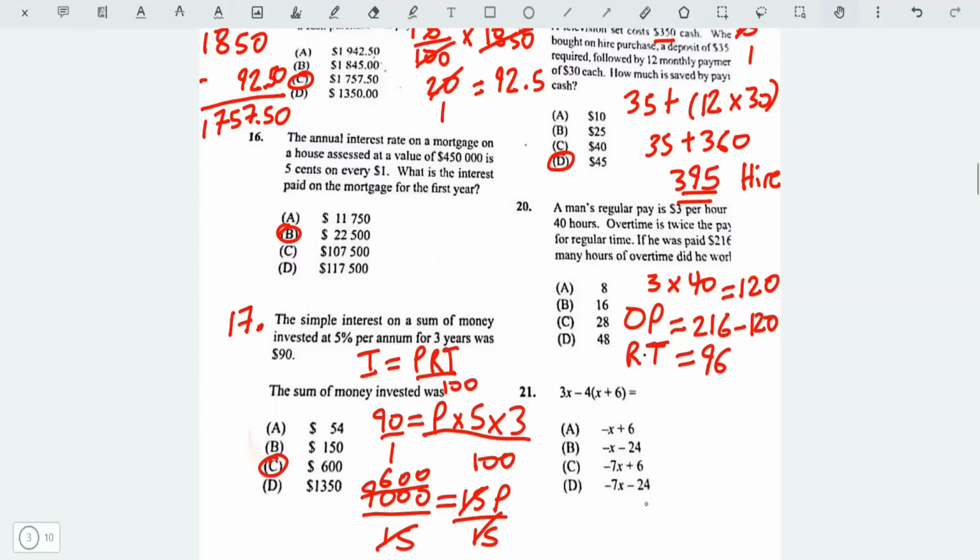So for the overtime, we're going to say that T is now 96 over the rate. All right. Now, what's the rate? It says that his overtime rate is twice that of his regular pay. So that means if you get $3 for regular pay, his overtime rate is $6. R is 6. 96 over 6 is 16. So he works 16 hours overtime.